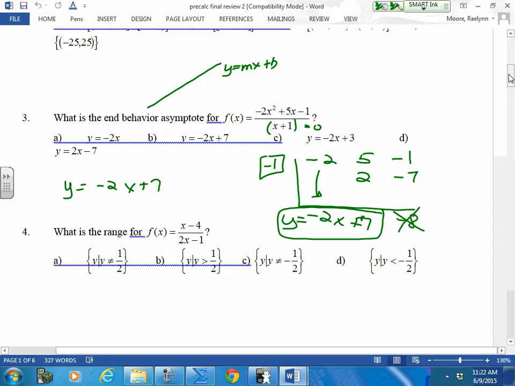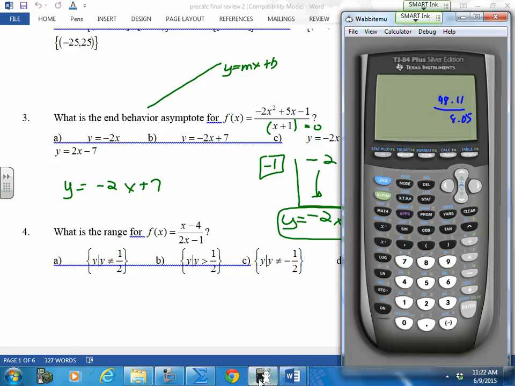If you graph that function, let's take a minute. Let's just graph this function. All right, let's graph this, and then we're going to graph your slant asymptote right underneath it.